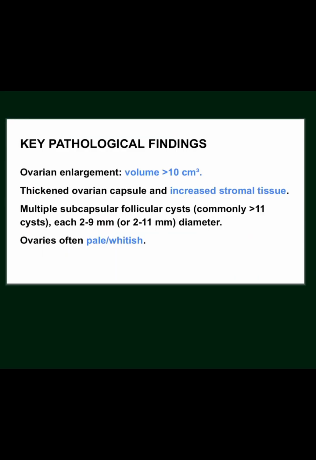You can just look at this and make sense of what we have already talked about. With that being said, there are key pathological findings we need to see on ultrasound for these patients.